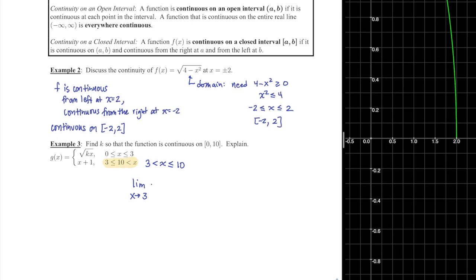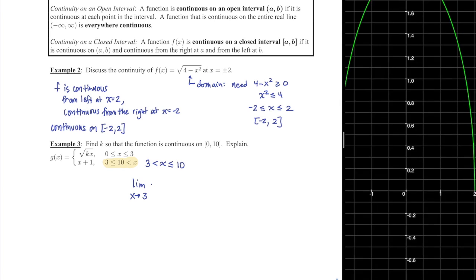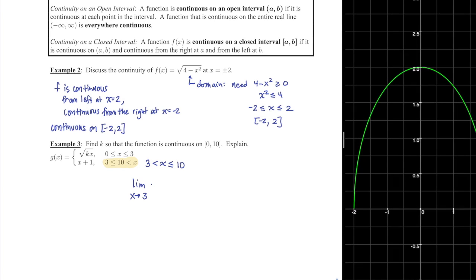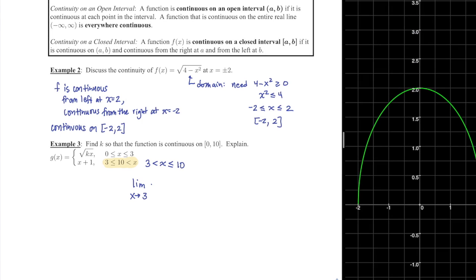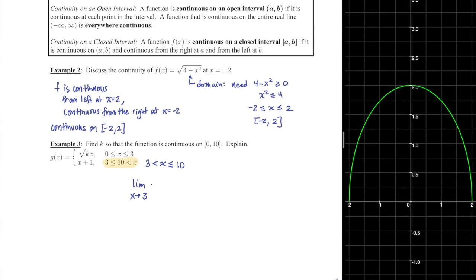I should have talked about the window first, but we already knew that the domain should be negative 2 to 2. Right? And so this is what your graph is going to look like. It almost looks like a parabola. It's not quite, but it's defined for x between negative 2 and 2. And we can see we've got this graph, and it's continuous from the right at negative 2 and from the left at 2.